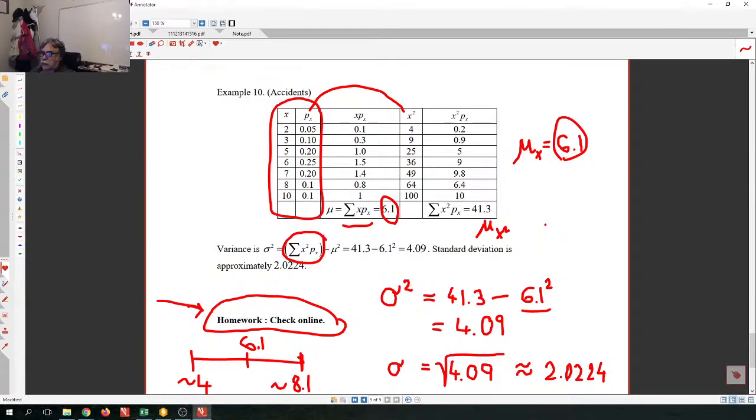Nobody used that random variable, but we do use it in the formula, so it's an expectation of a square. That's 41.3 here. So if you can remember this table, you can always do that. Of course, obviously, the first two columns in the table must be the distribution. Without knowing the distribution, you can calculate nothing. And with knowing the distribution, you can calculate everything.